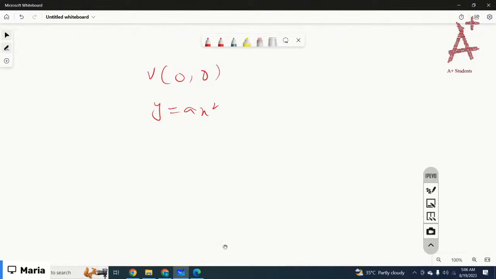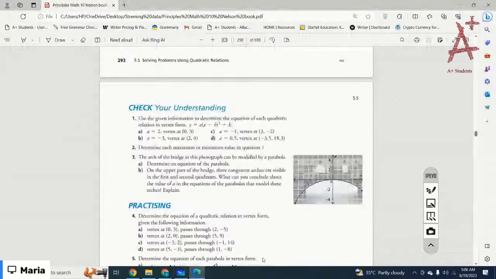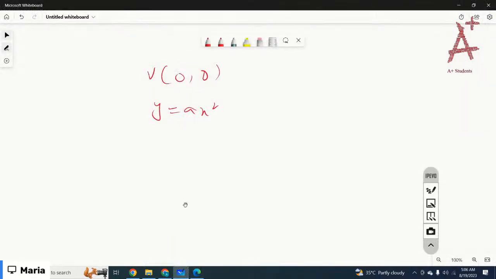So let's select any point on the parabola. It would be -4 and -1, right, on the parabola.